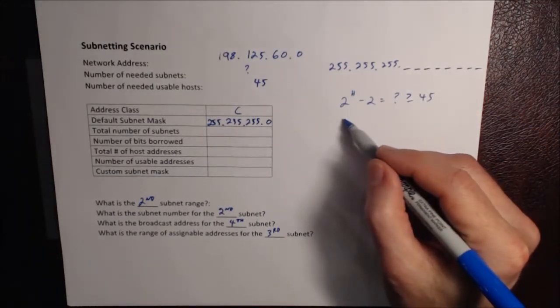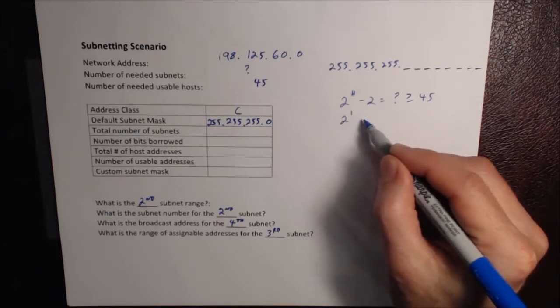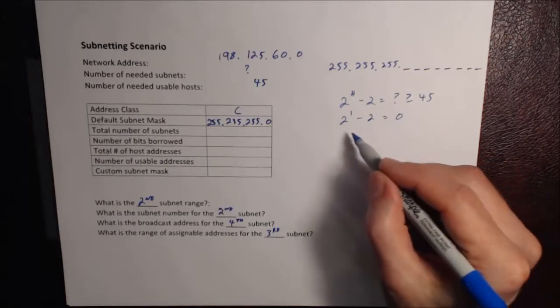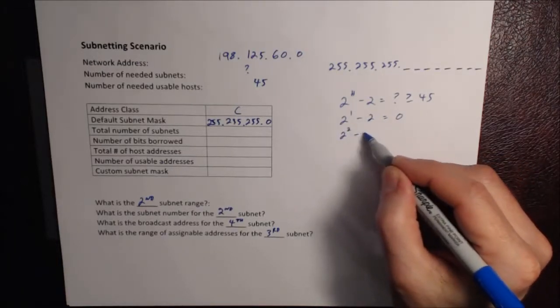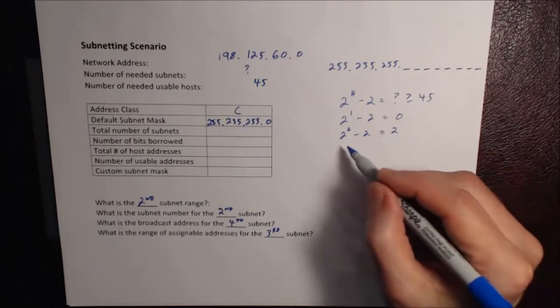If we start with just one host bit, 2 to the 1 is 2, minus 2 equals 0. That's not going to work. 2 to the 2 minus 2 is 4 minus 2, which is 2. Nope.